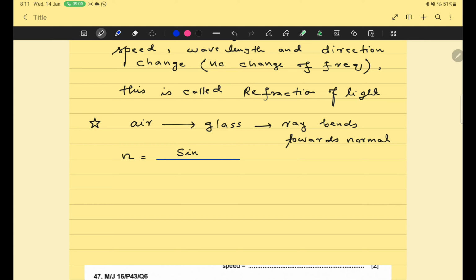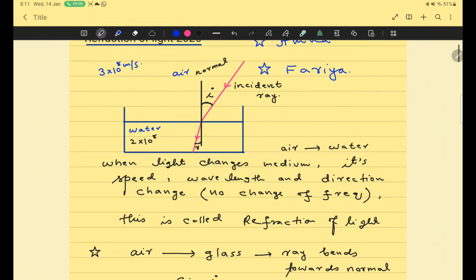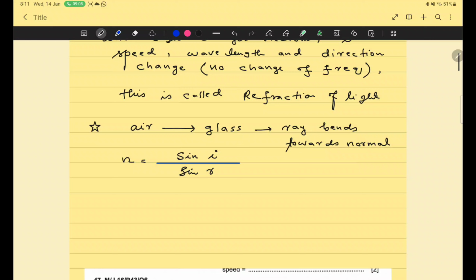So it is sine angle I divided by sine angle R. And I am asking Amna: Amna, can you tell me what is the name of this physical quantity? It is very simple. Sine I upon sine R. What is the name of this physical quantity, Amna?